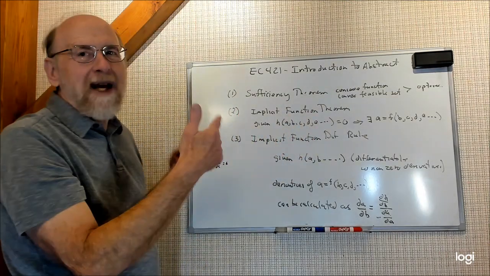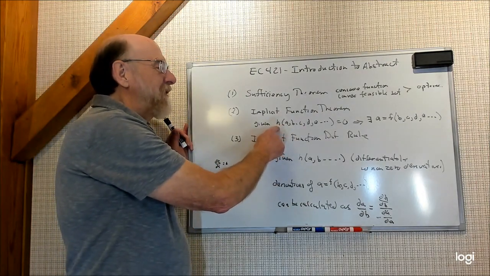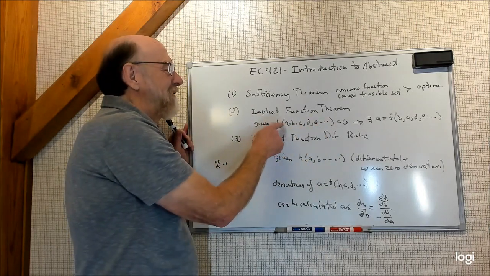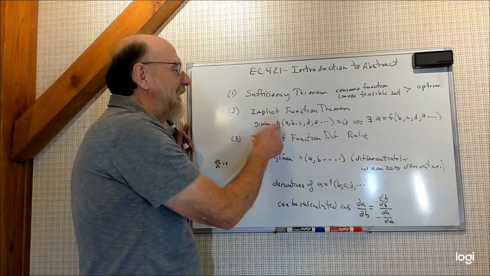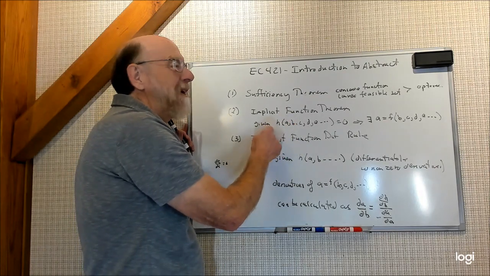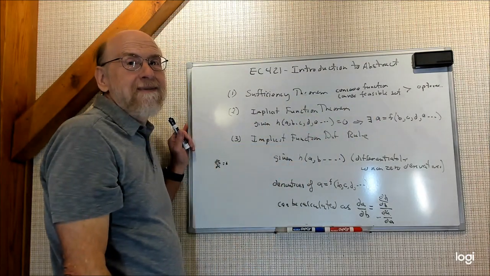In general, without doing the math, which is not that long actually, if we take the total derivative of this function, it will be the partial of h with respect to a times da, plus the partial of h with respect to b times db, and so forth through. You add all those up, and that will have to add up to 0.